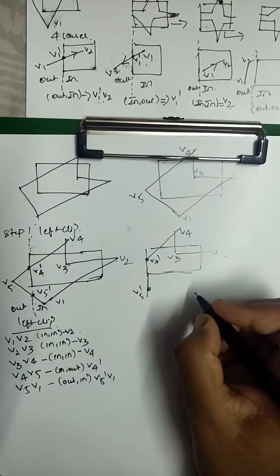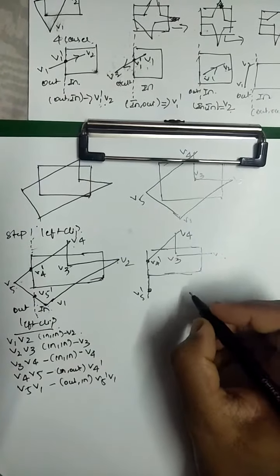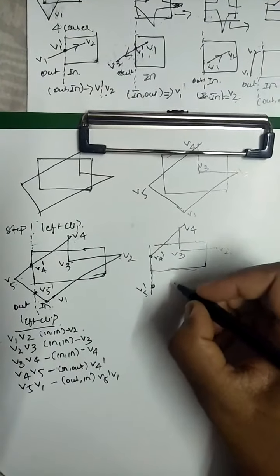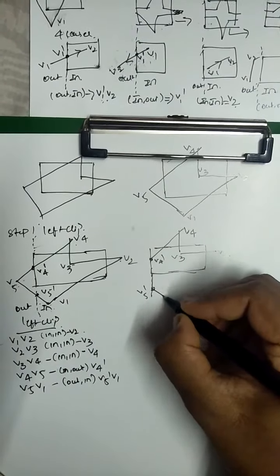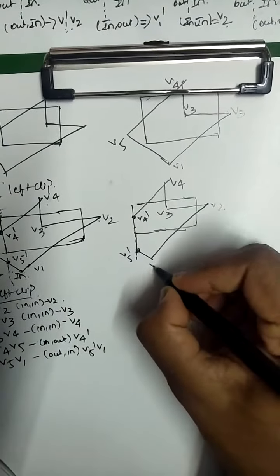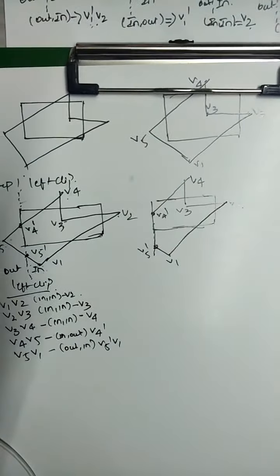Next v5 dash and v1, that is this. Fine.